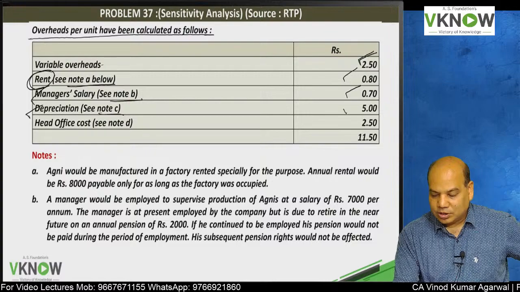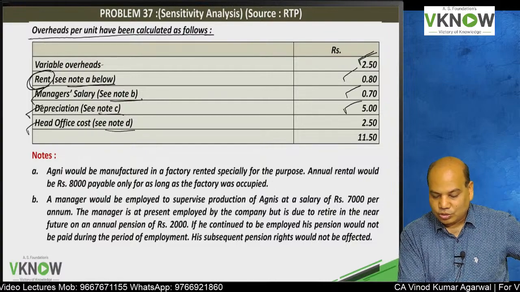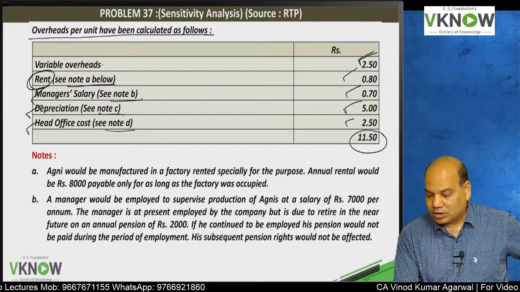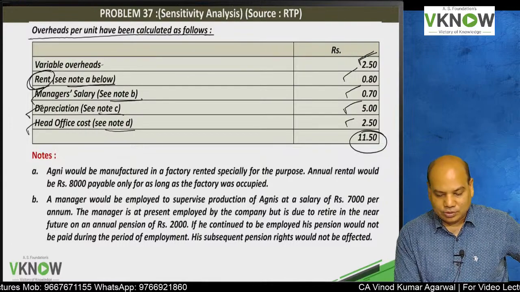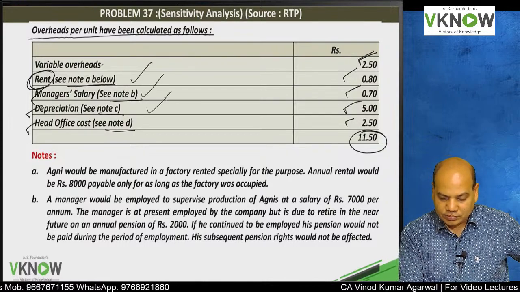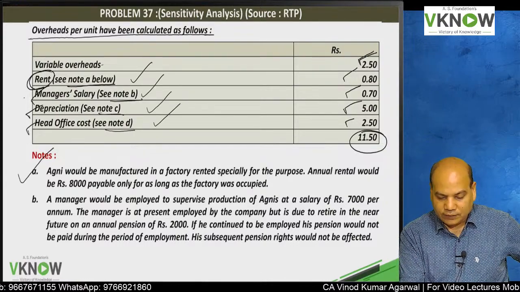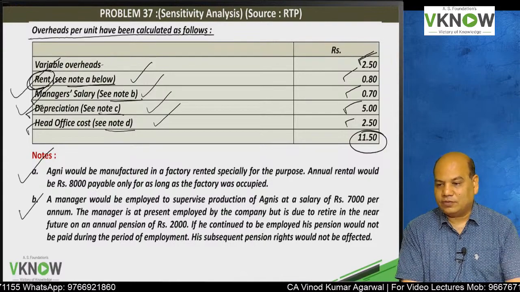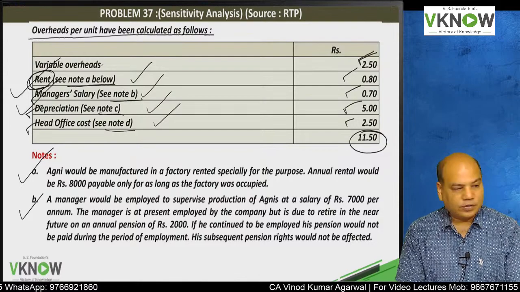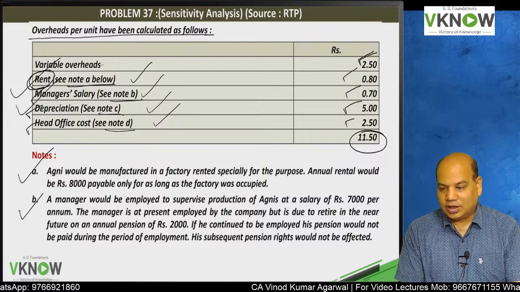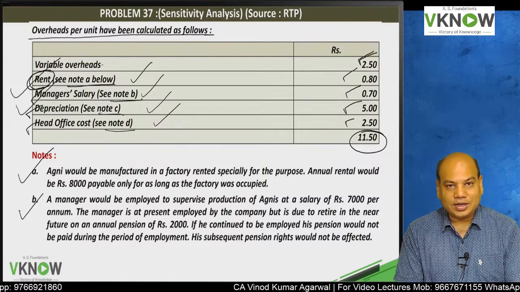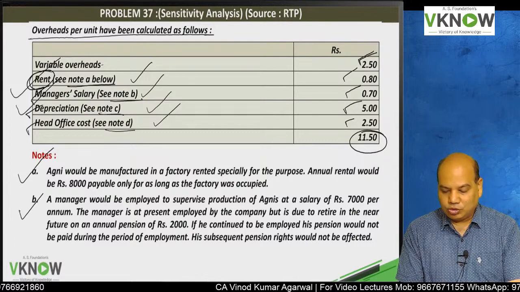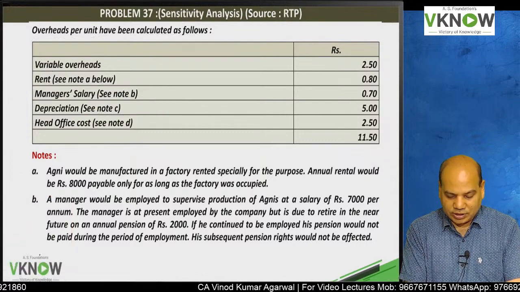Depreciation, note C below. Head office cost, note D below. And this is how 11.50 was calculated. Now we have to read note number A for rent, note number B for salary, note number C for depreciation, note D for head office cost. And if you can read it carefully, interpret it carefully, then you will be able to crack this amazing question.